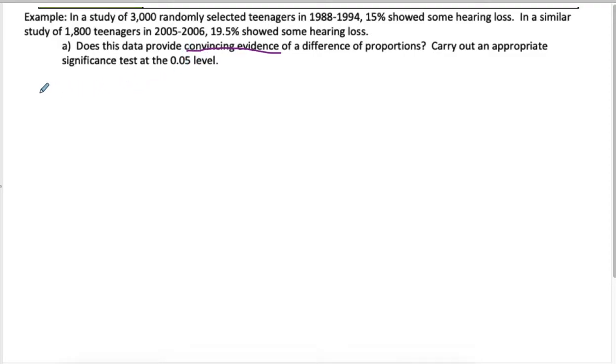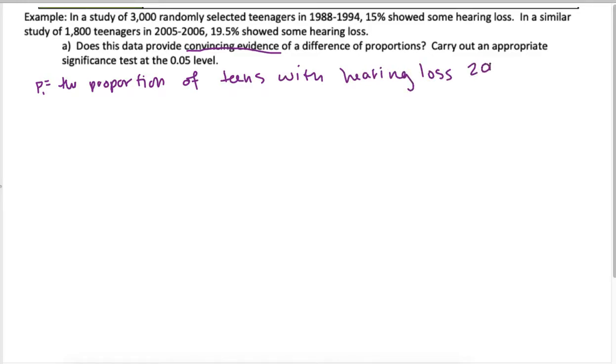All right, so the first thing we're going to do is define our two proportions. The first one I'm going to define as our 2005 group here. So I'm going to say this is the proportion of teens with hearing loss in 2005, 2006.